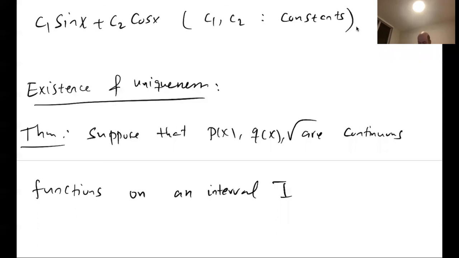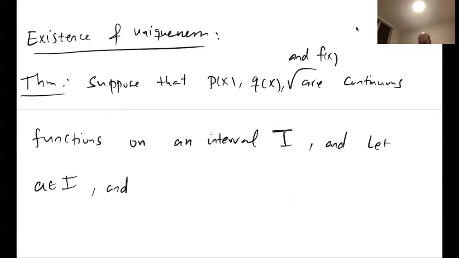Let me write this theorem in the general case: P, Q, and F of X are continuous functions on some interval I, and let A belong to I, and assume that A, B naught, and B1 are constants.